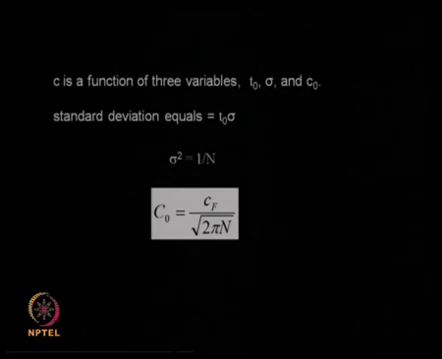So it tells you how efficient the column is going to be. That means it tells you the total number of stages in that particular column, okay. So this is going to be a very useful equation. We will look at some problems related to this equation.